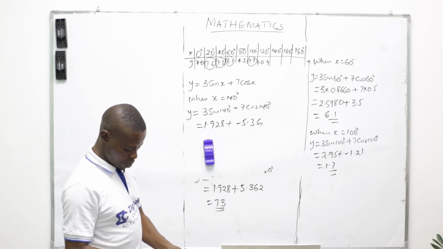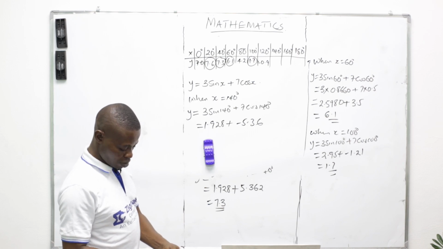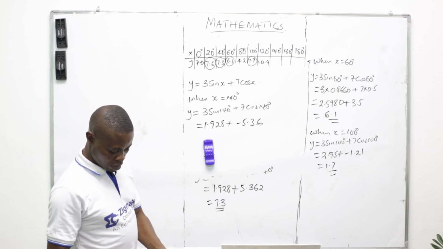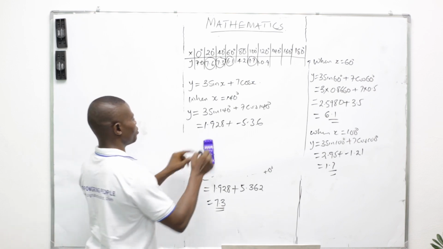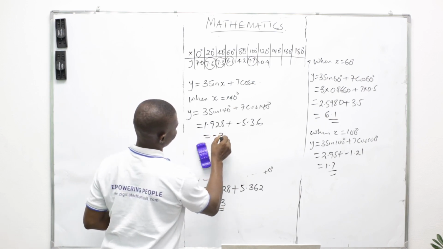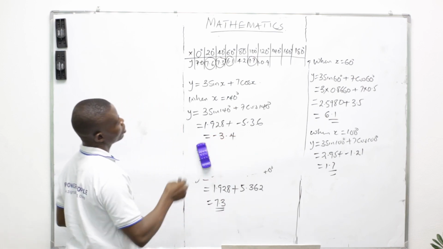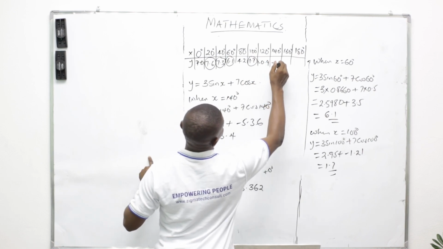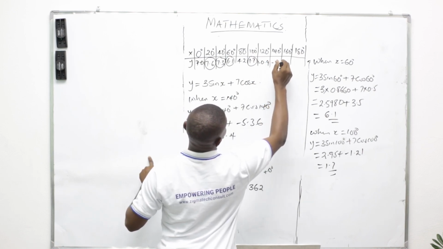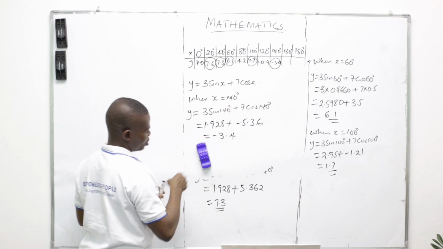So 1.928 minus 5.36 gives minus 3.4. You write minus 3.4, circle it.